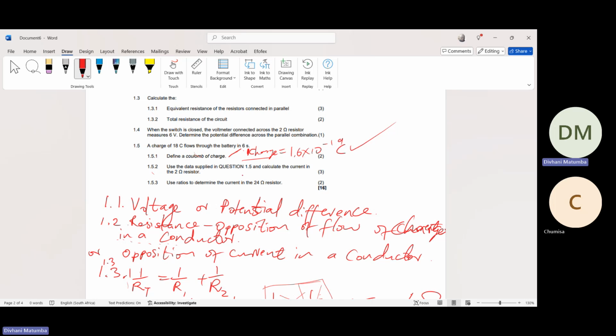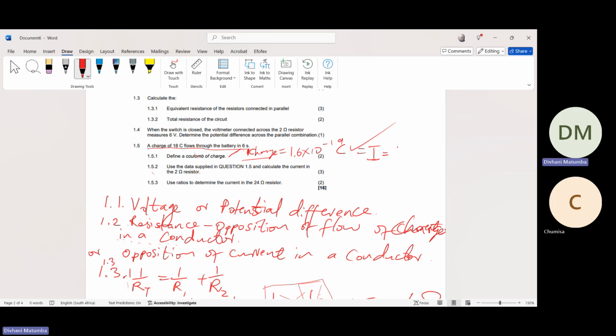Now, how do we calculate the current in the 2 ohm resistor, given the information we've been given? On the same definition, you can also express current in terms of charge.